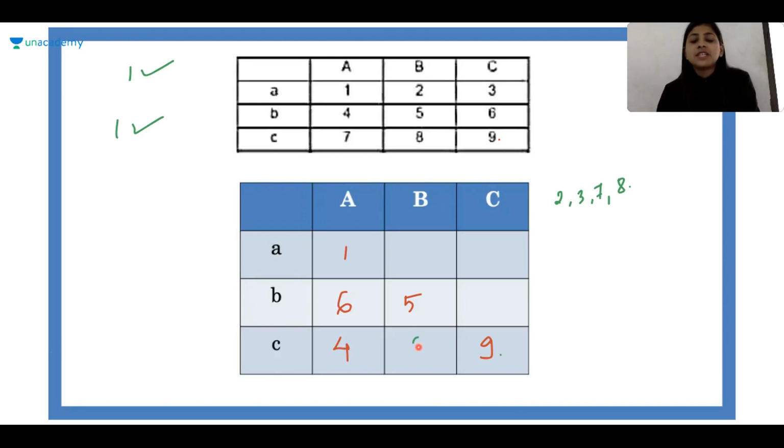Okay, next we'll keep 3 as fixed. 2, 7, 8. Now, okay, exchange 7 and 8. Still works.